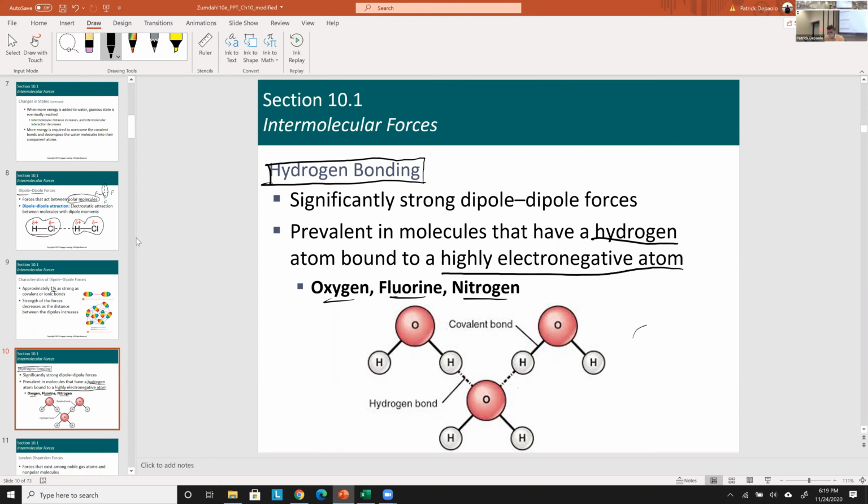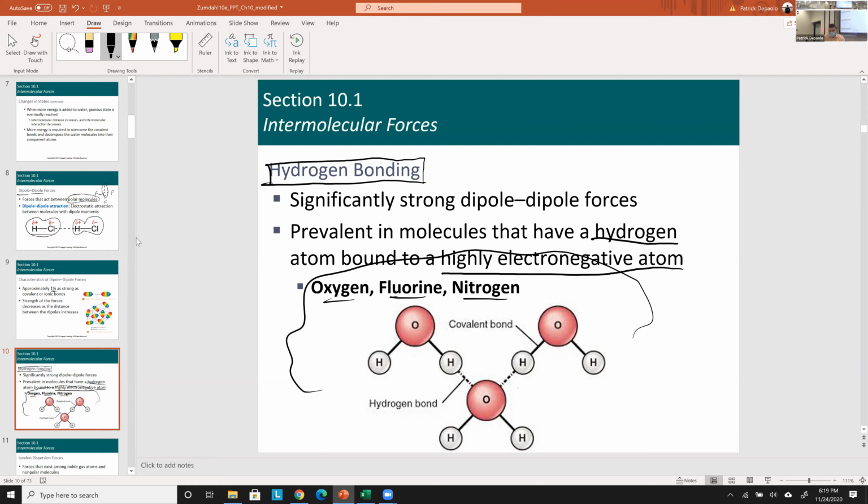And this will happen throughout the entire liquid, making liquid water. And that's how it forms. Or even ice, same thing. But in ice, the bonds are a little bit more relaxed. That's why ice has a larger volume than the same mass in liquid. But anyway, okay.